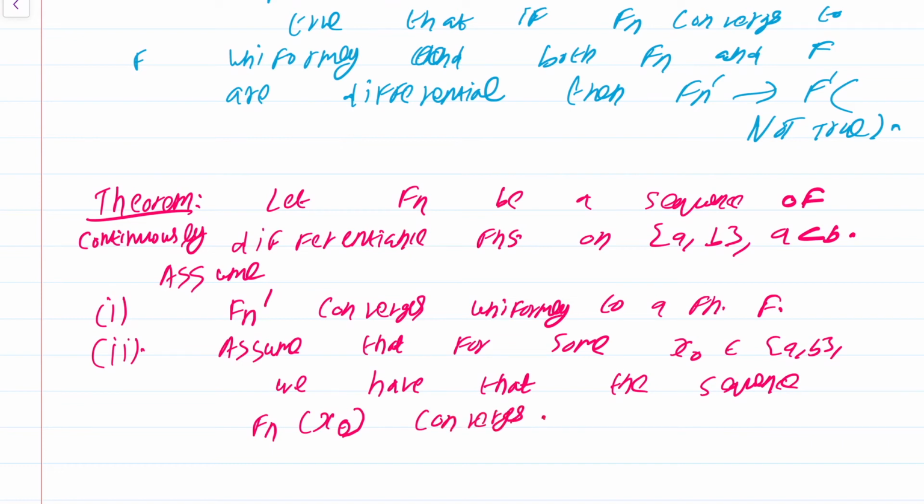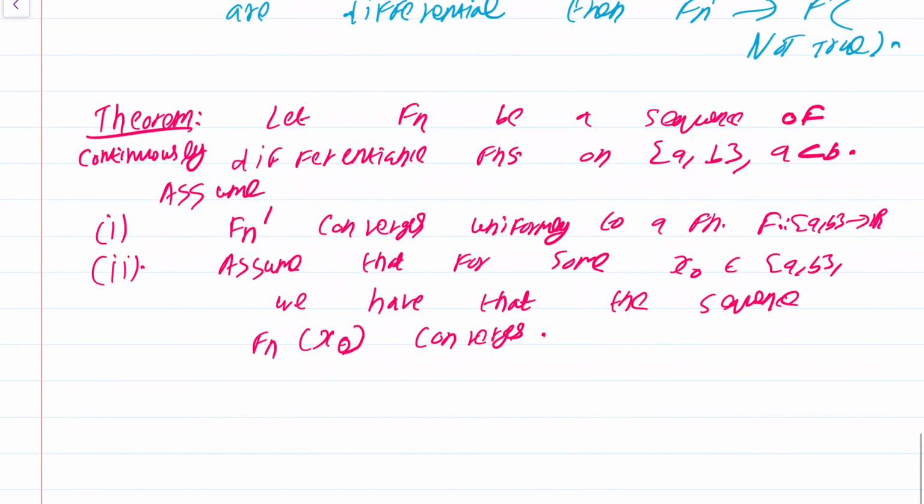Okay, so these are the two hypotheses. The first is that the derivative functions f_n prime converge uniformly to a function f. This function f from [a, b] to R will necessarily have to be a continuous function, simply because we are assuming that the f_n primes are all continuous functions. And the second assumption is that for some x_0 in the closed interval [a, b], the sequence f_n(x_0) converges.